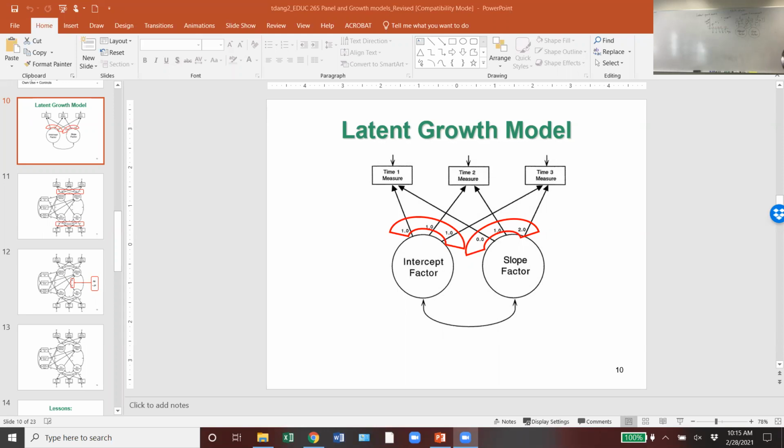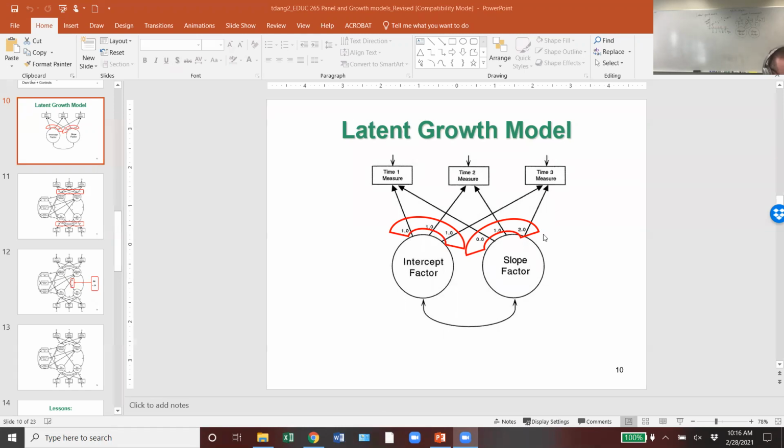All right, so this is exactly the latent growth model that I talked about. We've got time 1, time 2, time 3, the intercept factor 1.0, 1.0, 1.0, and the slope factor, oh, in this case it's 0, 1, and 2. It could be 1, 2, and 3, which is the way I had it.